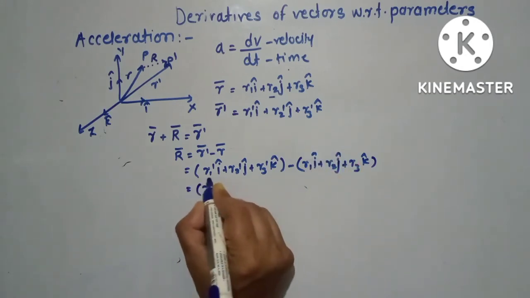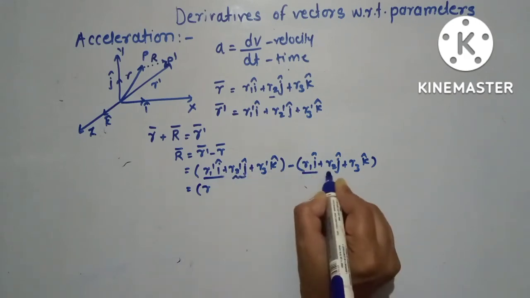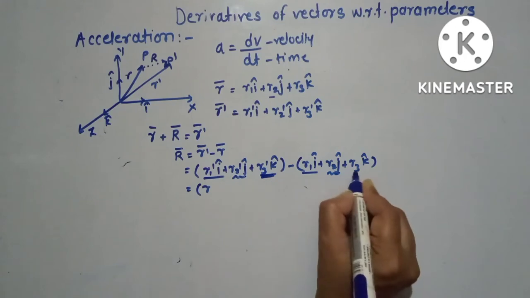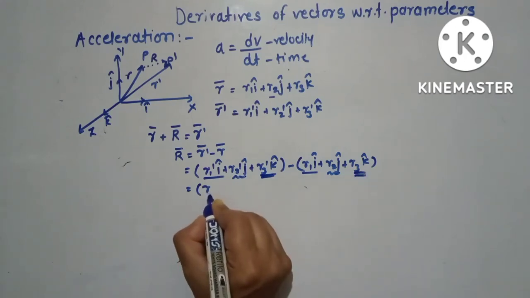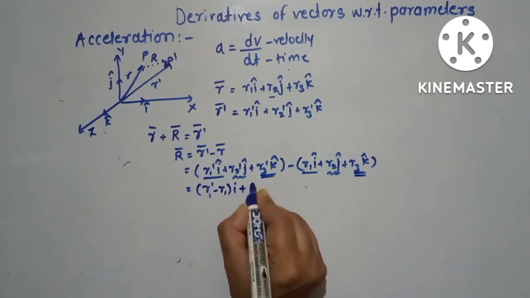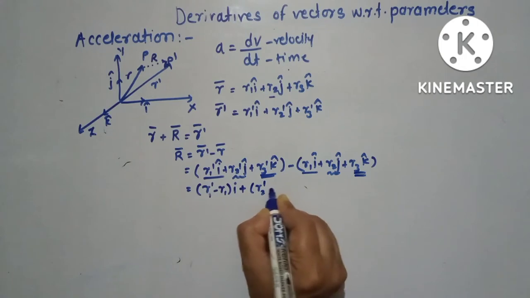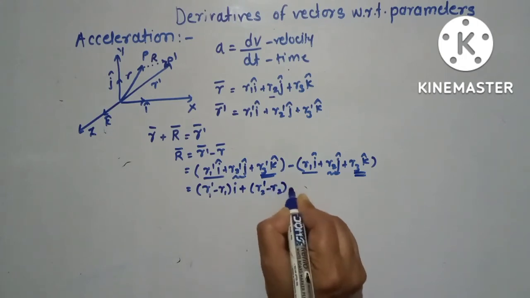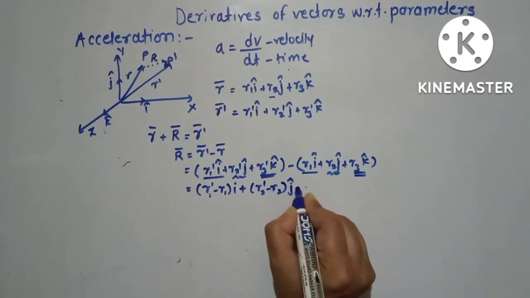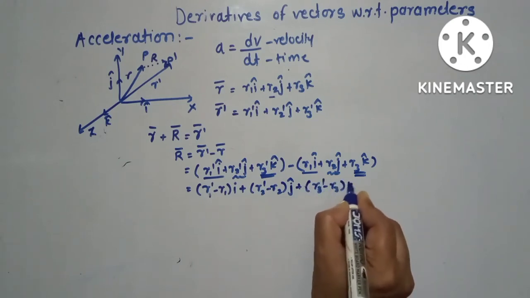Let me take the common terms: i is common, j is common, and k is common. So we get r1 dash minus r1 times i, plus r2 dash minus r2 times j, plus r3 dash minus r3 times k.